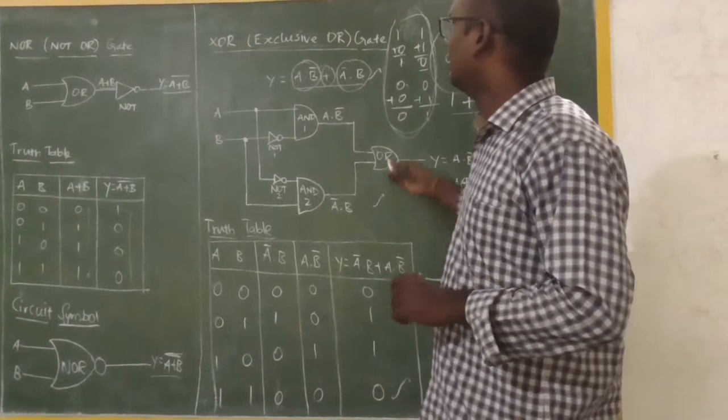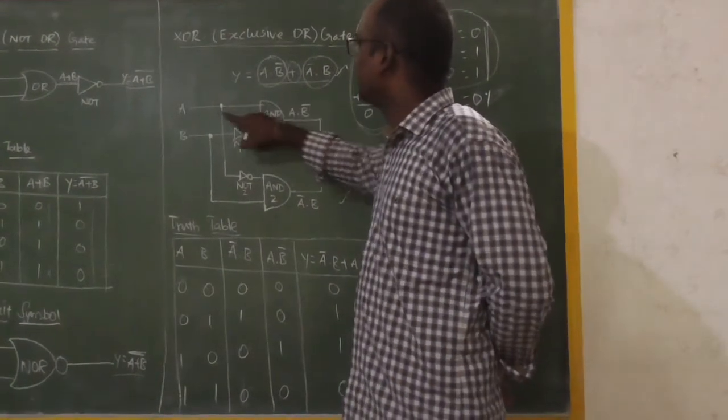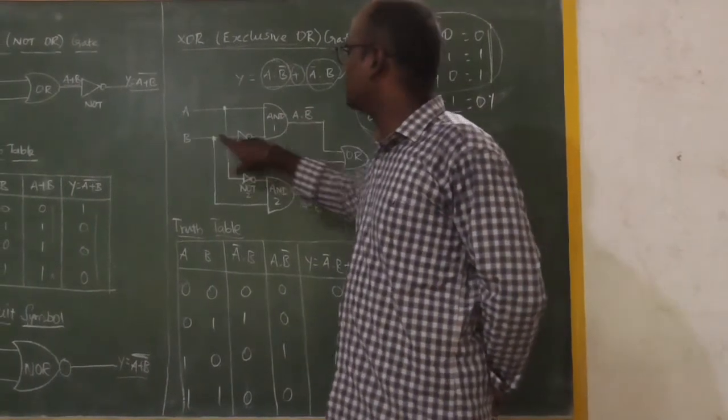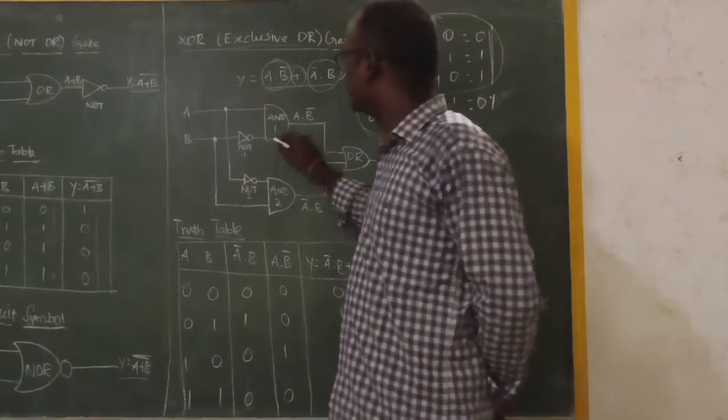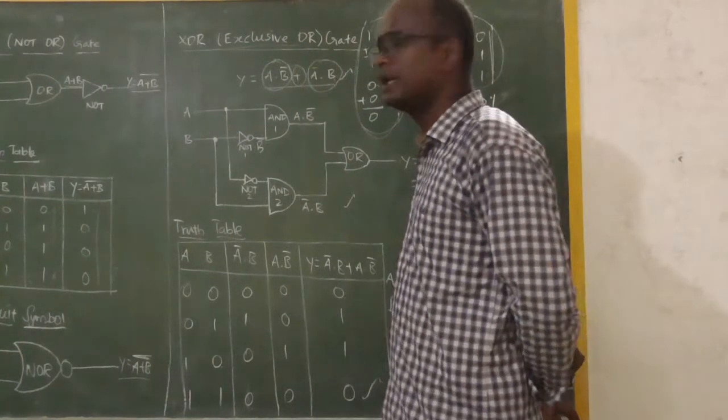If we see the circuit, A is directly applied to the first AND gate, and B is applied through a NOT gate, so that the B input becomes B bar for the first AND gate.